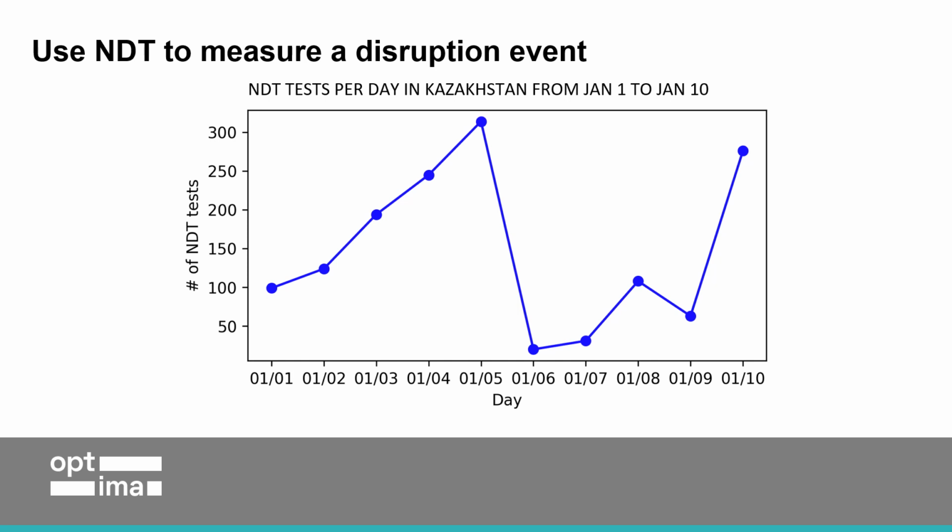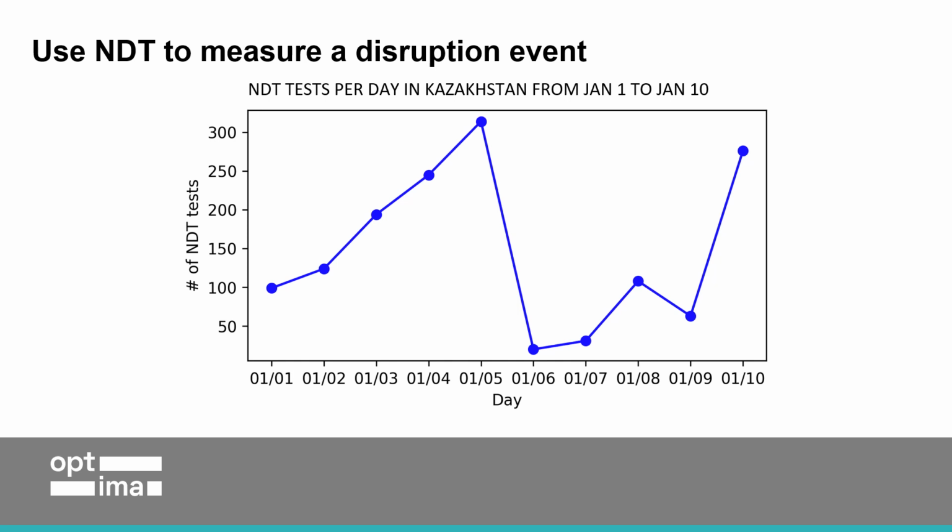And so there are these different gradients of disruption. What we're going to look at today is different ways to think about that in terms of analyzing NDT, and also trying to collect more NDT data to back up what you're hearing anecdotally on the ground. So let's look at this example.